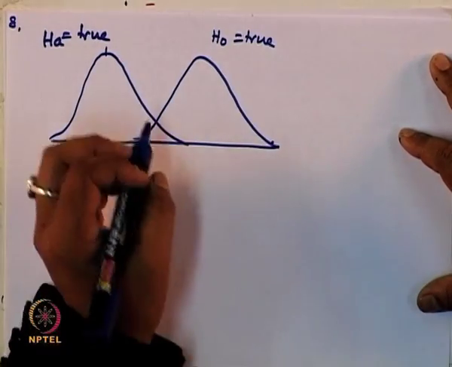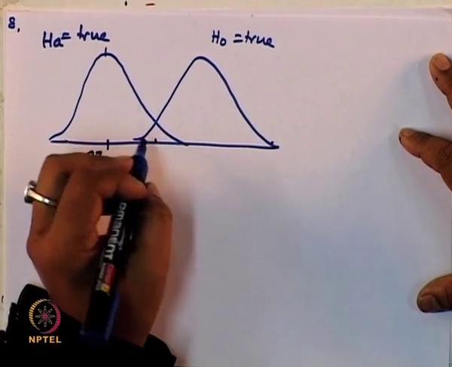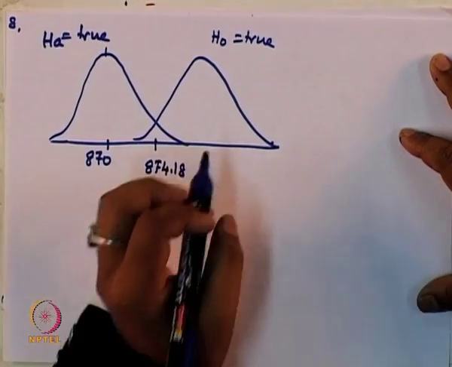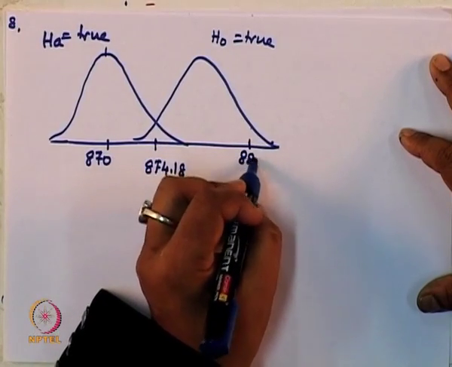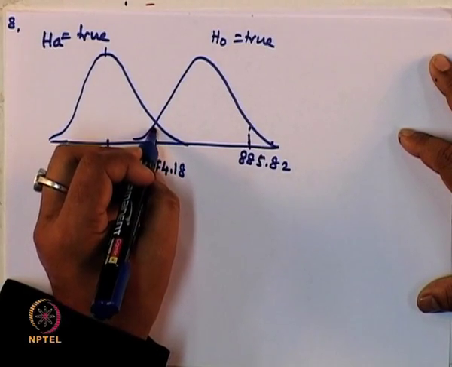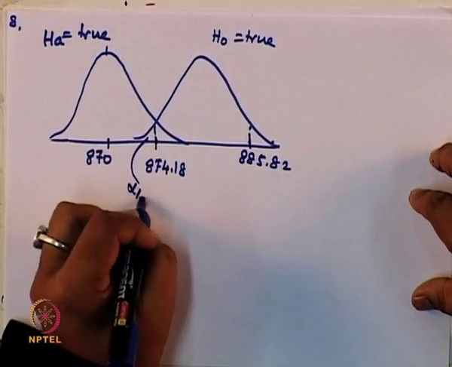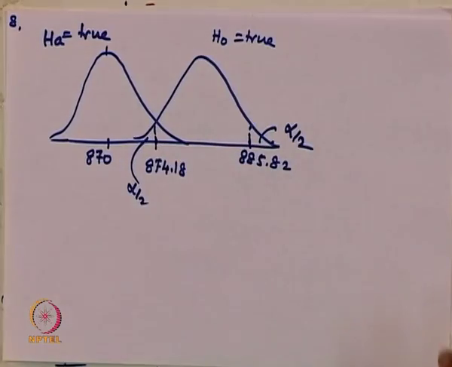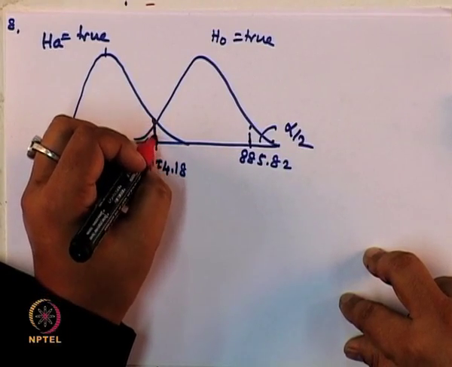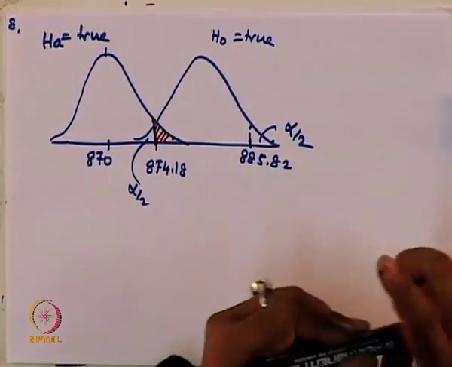What I know is my acceptance range, which I calculated as 874.18 and 885.82. This is my alpha by 2 and this area is my alpha by 2. But I can extend this point high up and calculate the total area under this part of the curve.